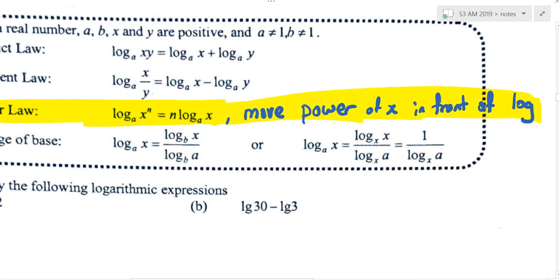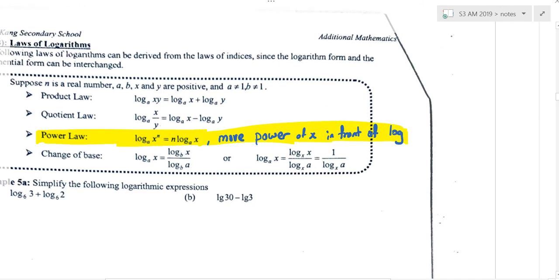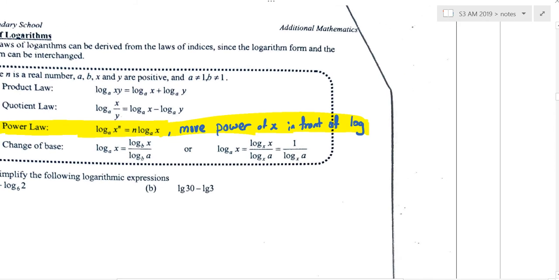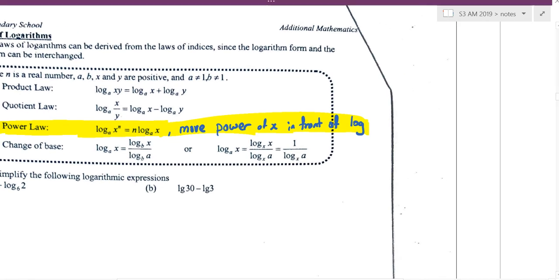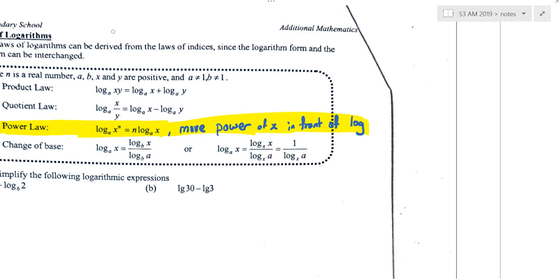So I would like to demonstrate this ability like a superpower, like a superhero. Once you learn this ability, you want to practice it. So for example, there is a flower on your head and when you want to bring the flower down, this is what you do. Say for example log base 2 of 4 to the power of 3.